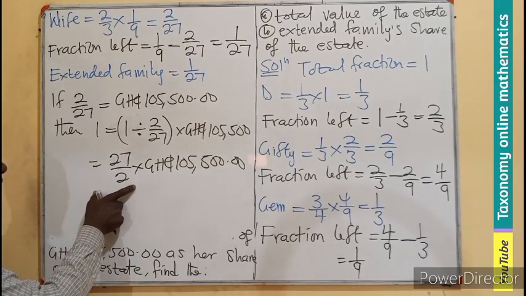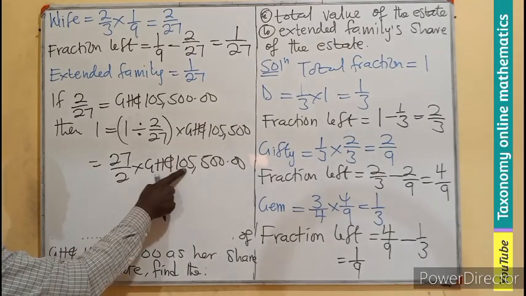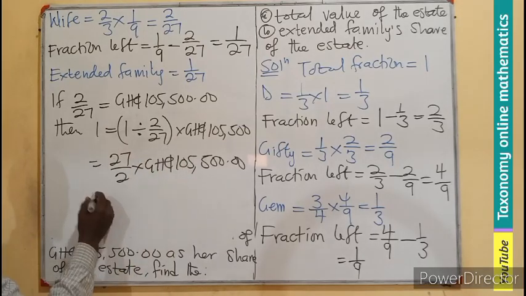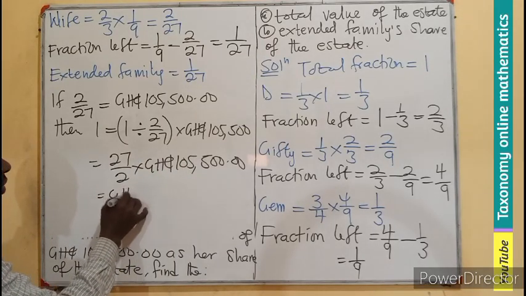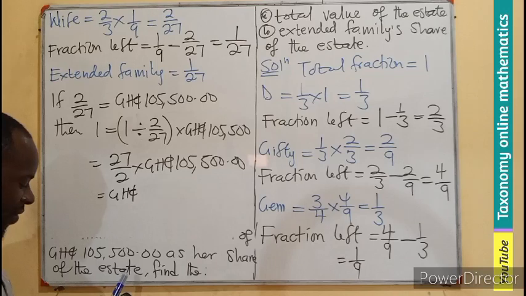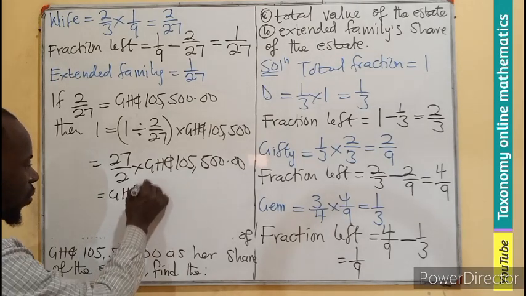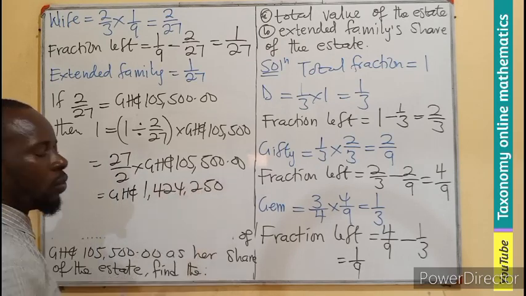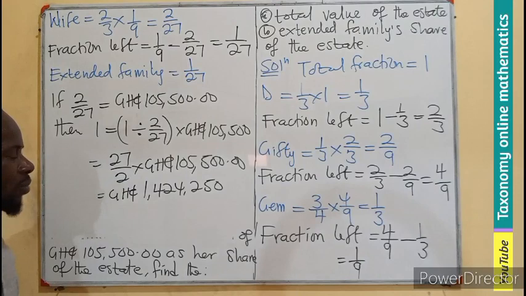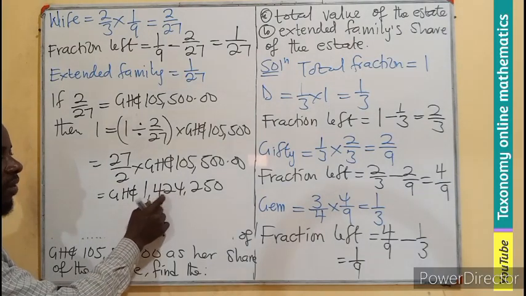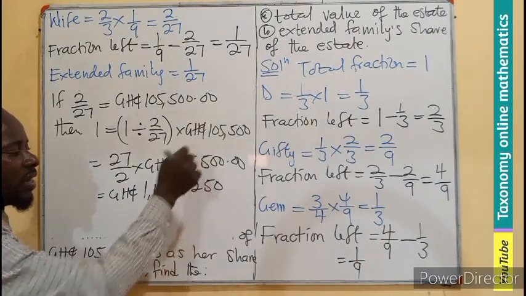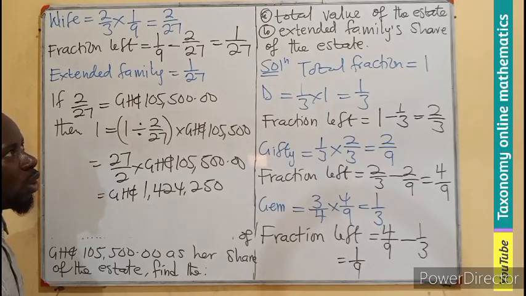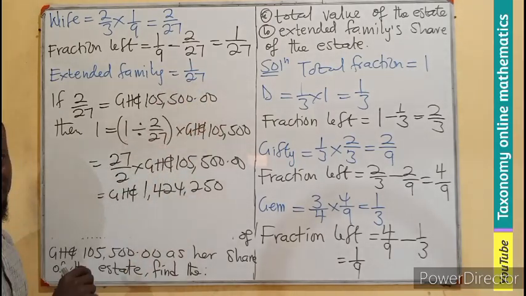If you multiply this, 27 divided by 2 times this will give us 1,424,250, meaning 1,424,250 Ghana cedis was the value of the estate.